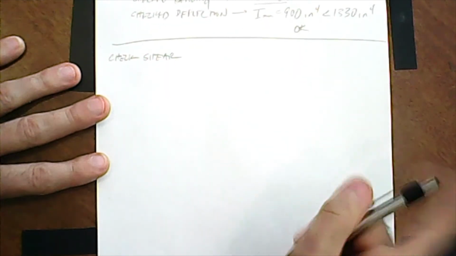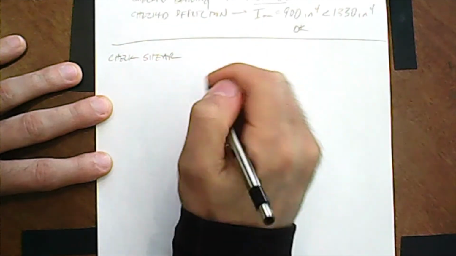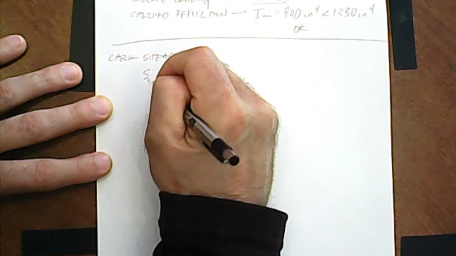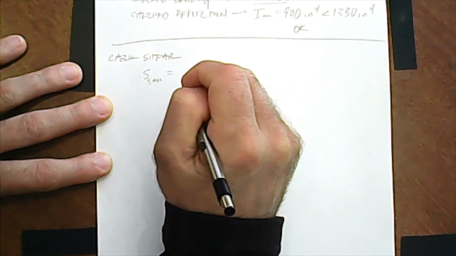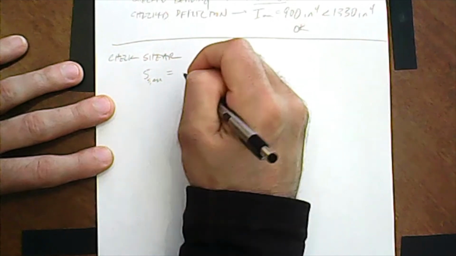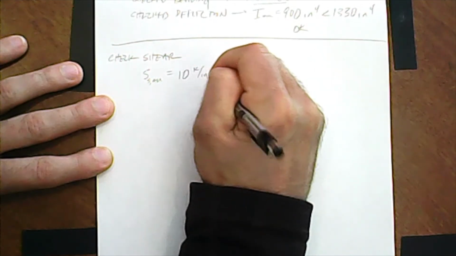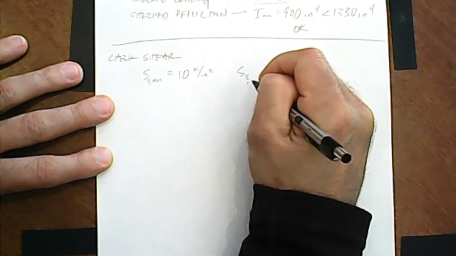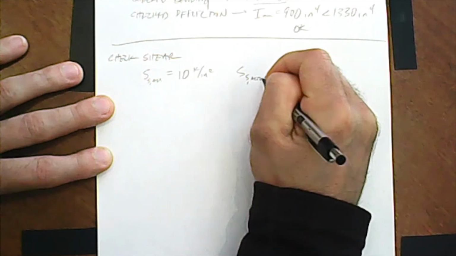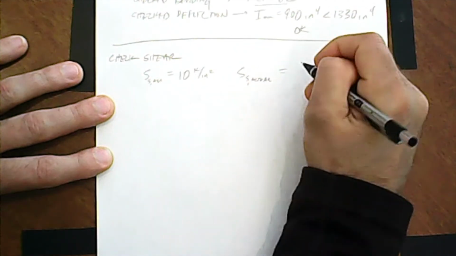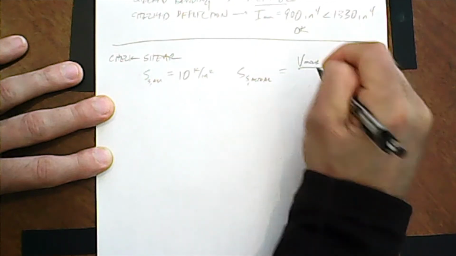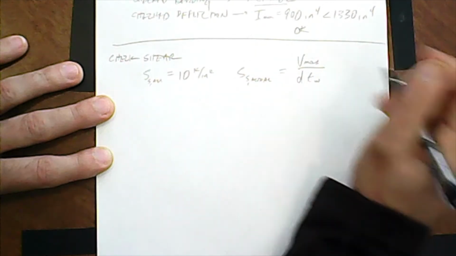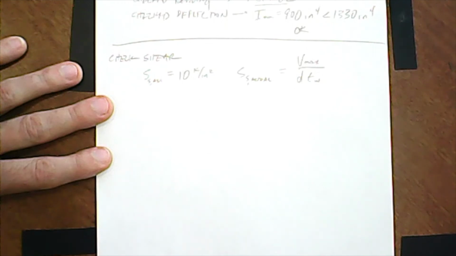Okay, so as we check shear, we just remember that our tau allowable is equal to 10 KSI, and that was given. And the way we calculate the tau actual, we could call it, given our loading conditions, is V max over d times tw. So we're going to need some information about that W21 by 62.